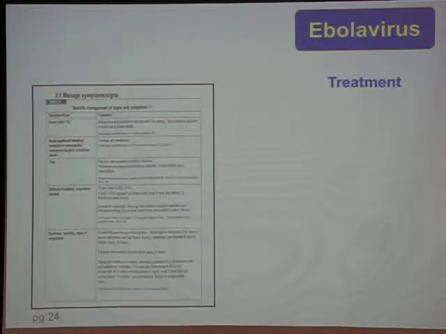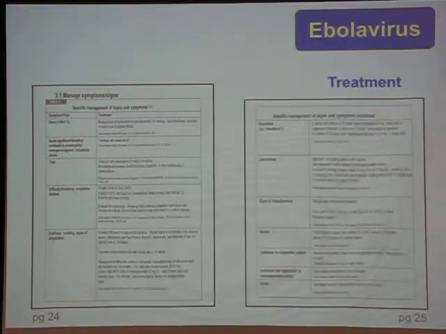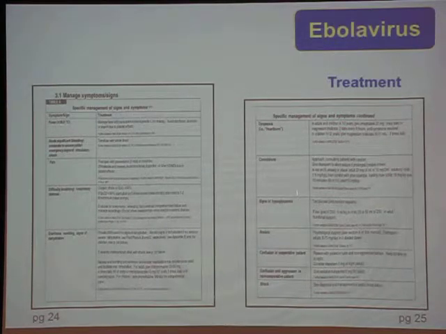When you look at a couple of pages on there, pages 24 and 25 are a guide for all of these symptoms and the suggested treatment for it. And of course, this is going to be done in a clinic that is treating them. Also, each of these categories has a link for further information. And so that's on the sheet. I'll just talk about that in just a second.